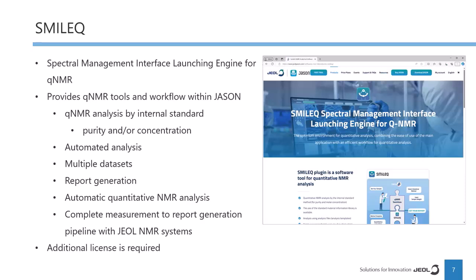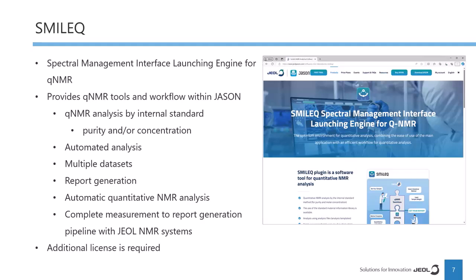We can analyze multiple data sets. So if you're doing replicates or repetitions of a particular series of experiments, SMILEQ can handle all of those sets of data, all of those analyses. We can generate reports, so all the information that you need downstream, so what information has been calculated, what were the parameters in the experiment, etc.